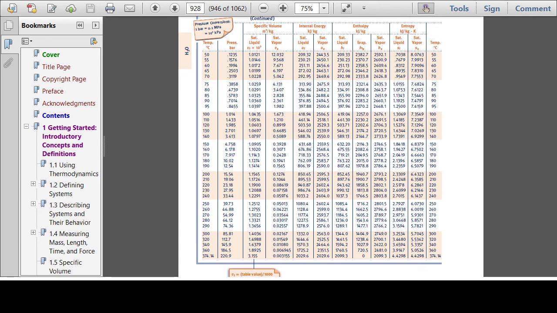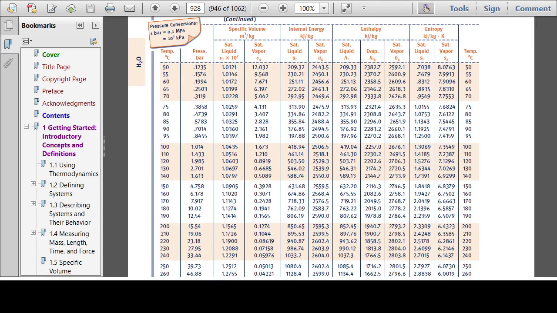And the specific volume is 1.0797. So notice the top of this column.